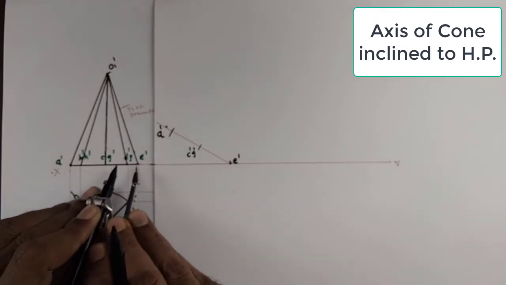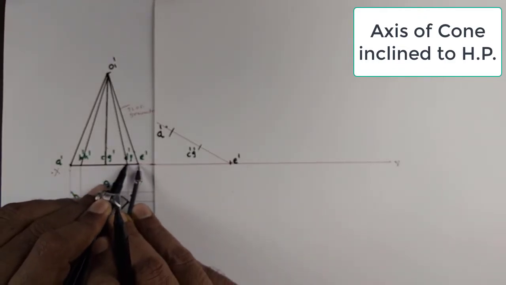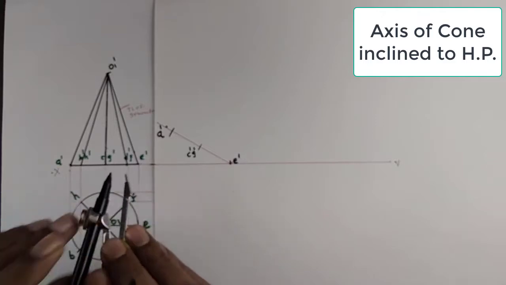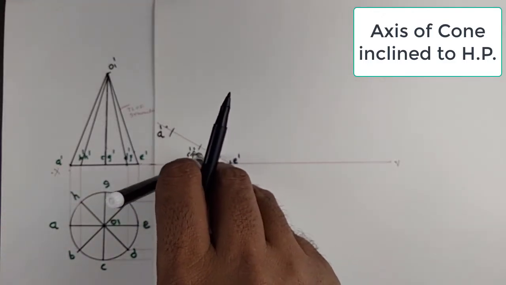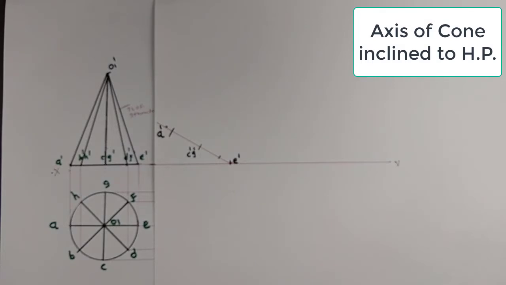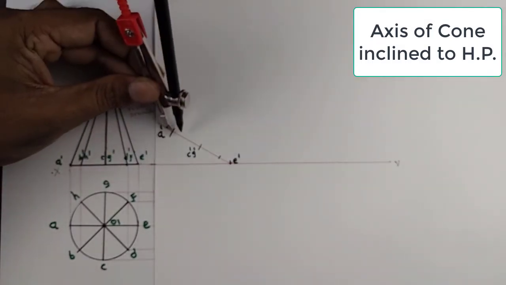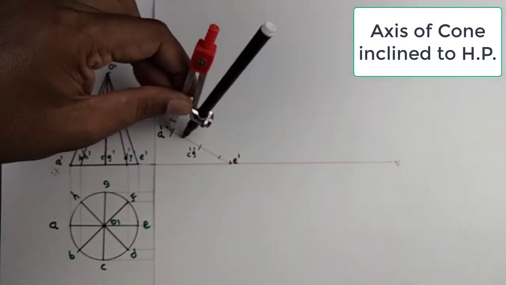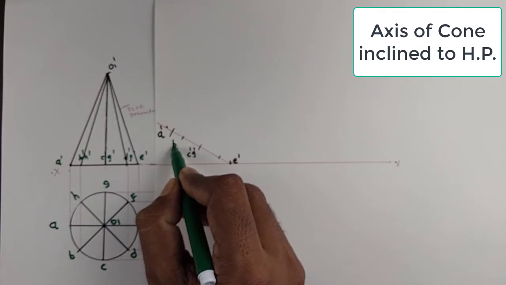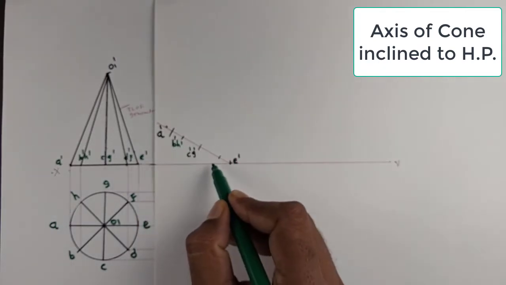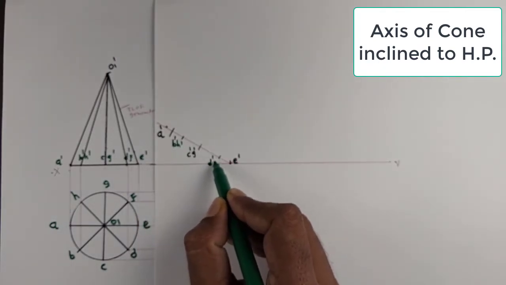Similarly, E dash to F dash, with E dash as center, I do the arc. From A dash, I can do the arc for B dash H dash. So this is my B dash H dash, and this is our D dash F dash.